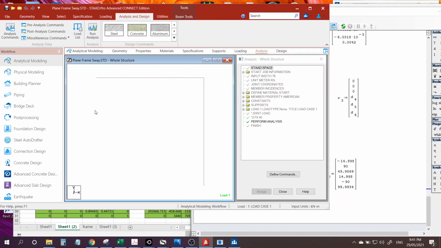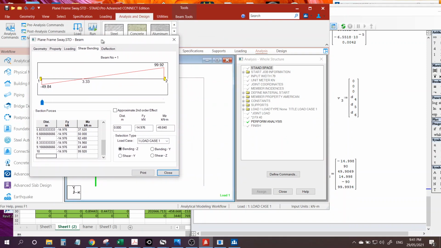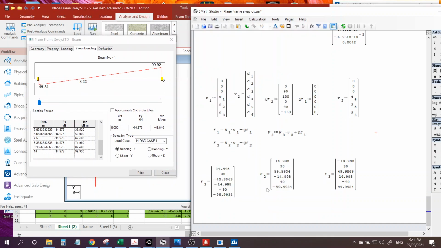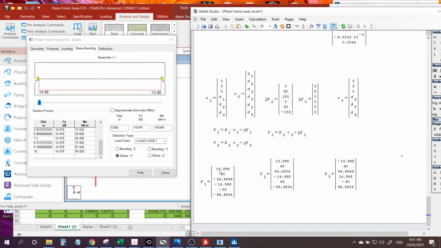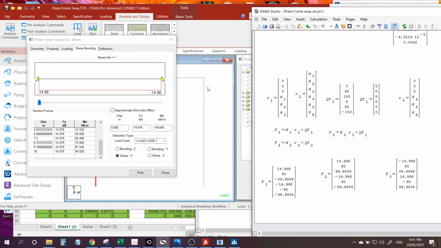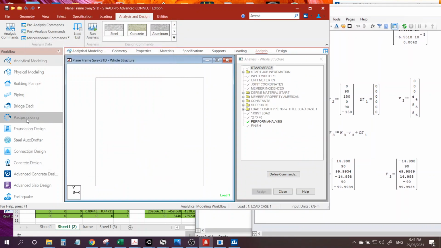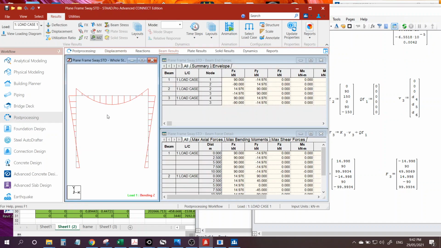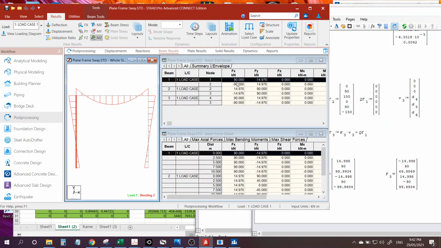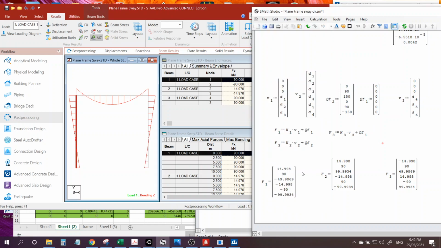Member 1, 49.99. Okay, 49.99. Same for the shear, 14 or 15. For the axial, in post-processing beam results, it's 90.